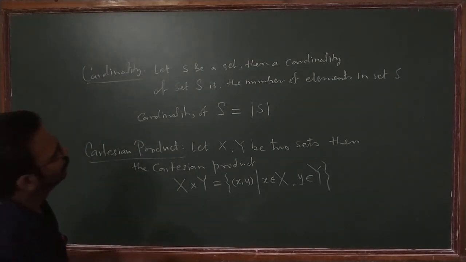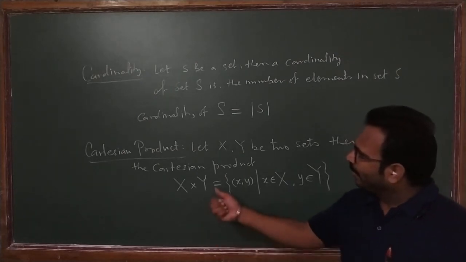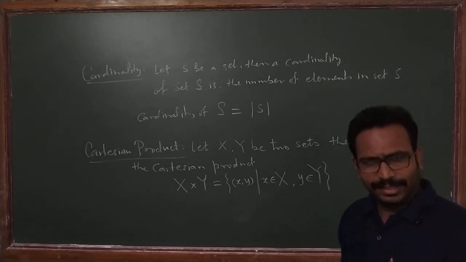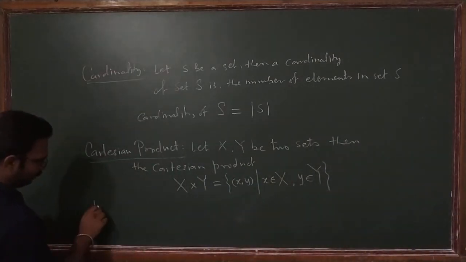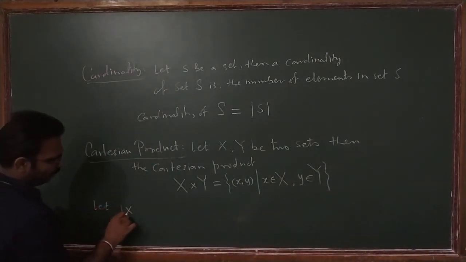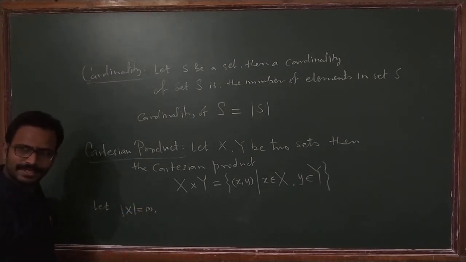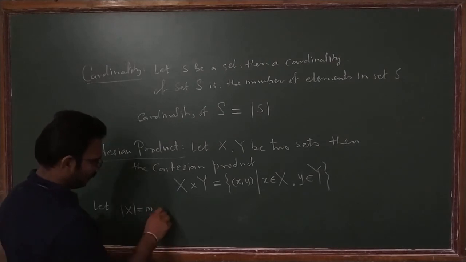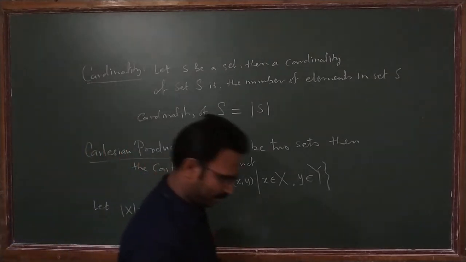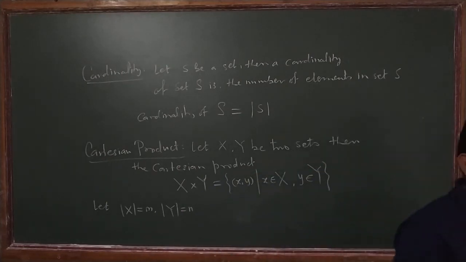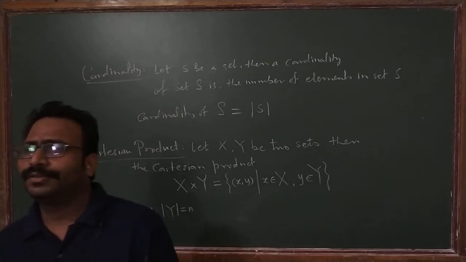So we have seen the cardinality. What can be the cardinality of this Cartesian product? Let the cardinality of x be m, so there are m elements in the set x. The cardinality of y is n, so there are n elements in the set y. How many elements would be there in the Cartesian product of x and y?